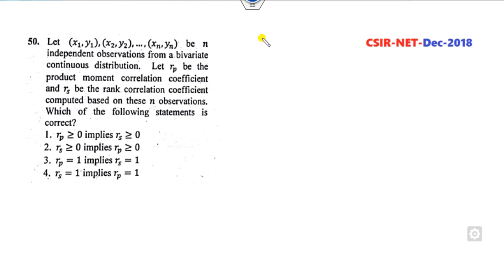Okay, if (x1, y1), (x2, y2) and so on are n independent observations, Rp is the product moment, that's called the Karl-Pearson correlation coefficient.